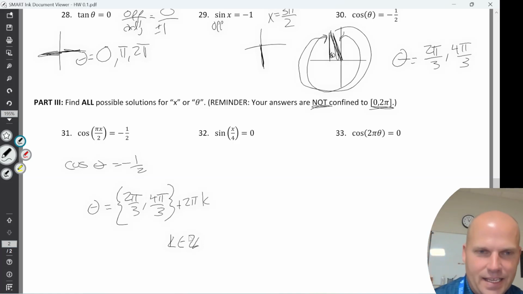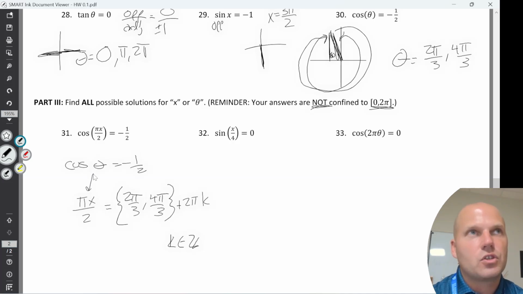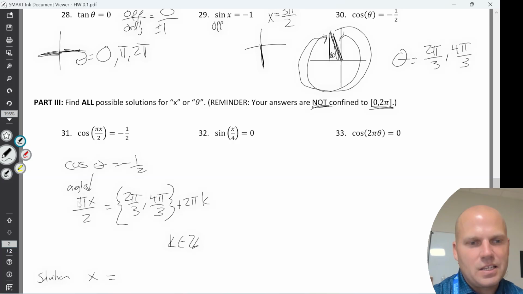The second thing is, well, it's not cosine of theta, Mr. Messner. You're right. It's not cosine of theta. It's the cosine of pi x over 2. Pi x over 2 represents my angles. This is my angles equaling this. Well, we need to find the solutions for x, which means we got to somehow get rid of this pi and this 2.